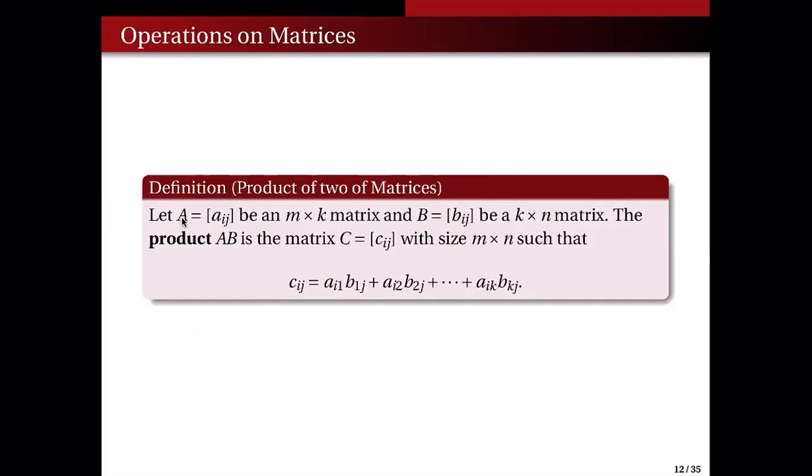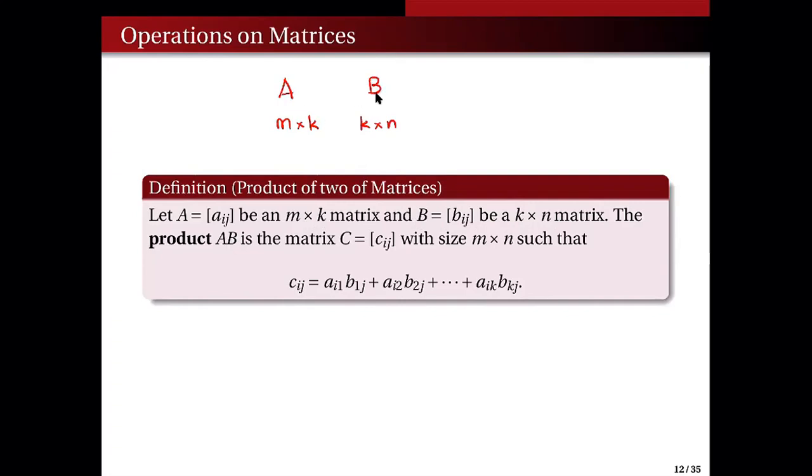First, let A be an M by K matrix and B be a K by N matrix. Okay? So let's start with that. A, it's an M by K. And then B, this is a K by N matrix.